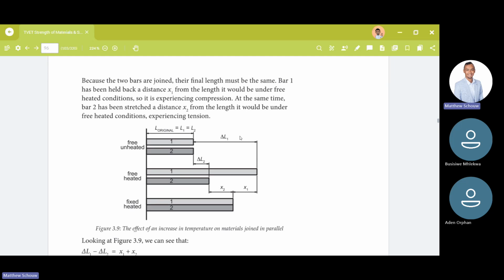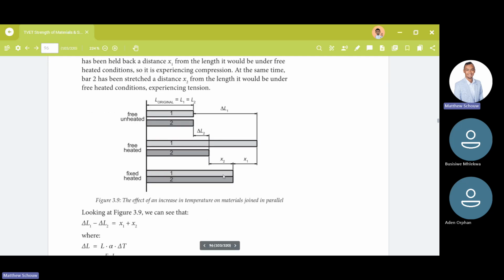But now when we fix it, meaning we fix it over here, you'll notice that if you compare from this point, there's an x1, and then there's an x2. So if you draw a line from here going right down, you'll notice that this part here, if it's fixed at this part, as this thing grows, number 1 will be compressed, because it's fixed.